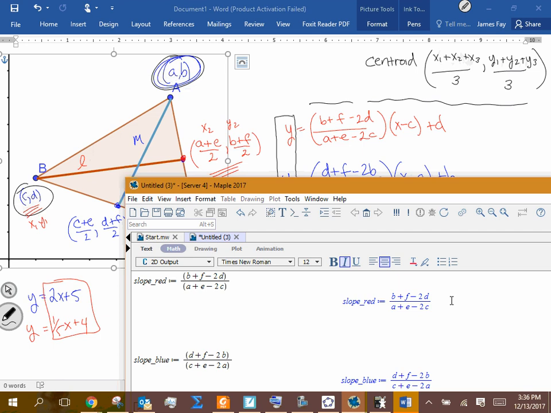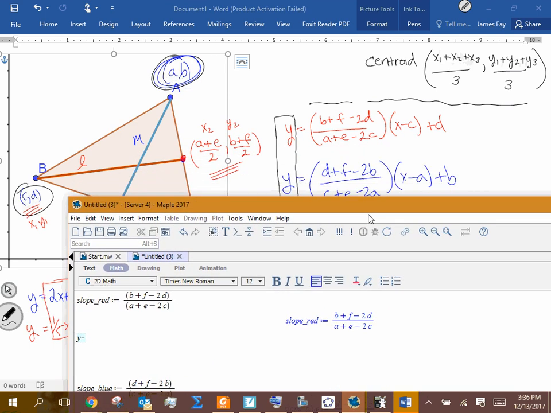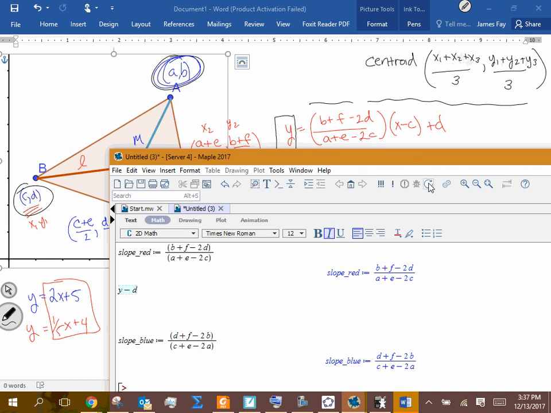Now I want to find the equation of the red line. So I type in y minus y1. Well, for the red line we used d for y1. So I'm going to go y minus d is equal to my slope. I've named the slope up here, so whenever I type slope underscore red, it's going to reference this thing here.